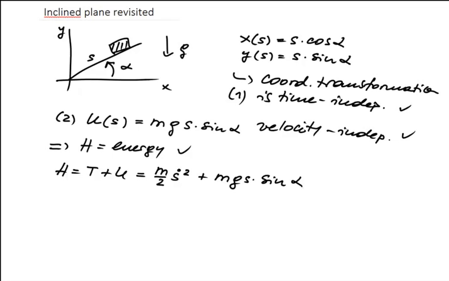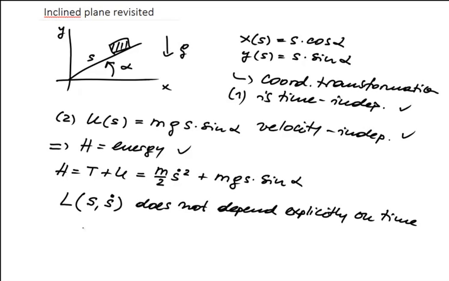The Lagrange function we had already calculated, and we had found that the Lagrange function is a function of the coordinate s and the velocity s dot only. It does not depend explicitly on time. As we just learned, this implies that the total time derivative of the Hamilton function vanishes. Therefore, the Hamilton function, which equals the total mechanical energy, is conserved.